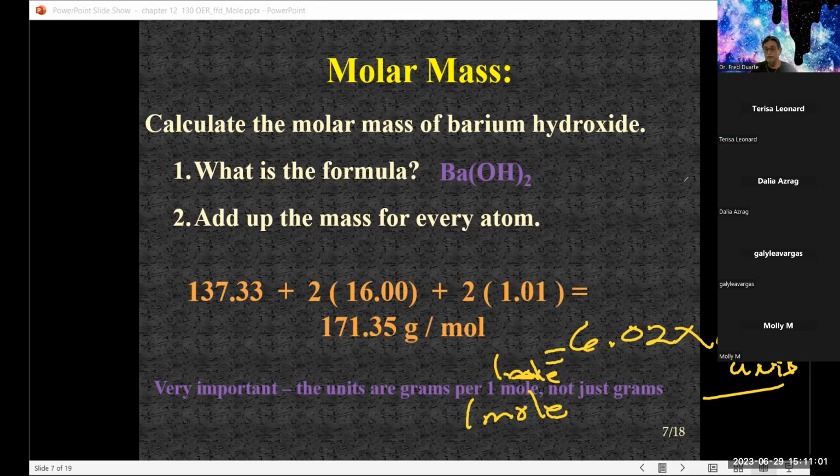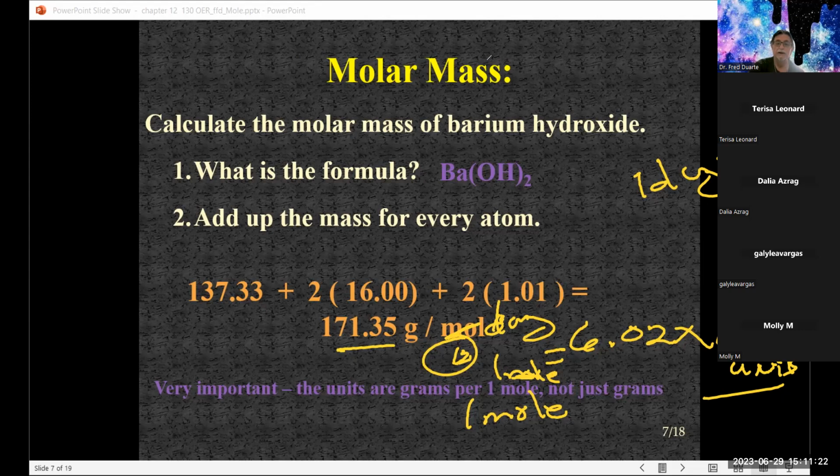Just like 1 dozen is equal to 12. And when I put up 1 dozen here, I said a dozen instead of a mole. Everybody said, yeah, if I weigh out 171.35, I have 12 molecules of barium hydroxide, which is correct.